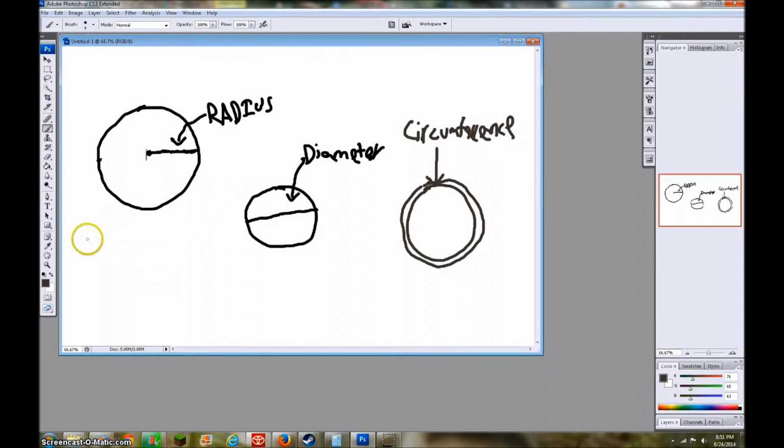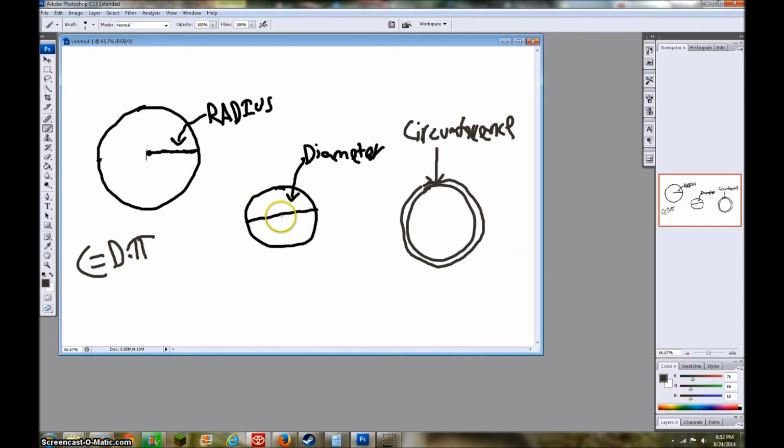So to find the circumference, circumference equals diameter times pi. Just put a multiple sign.